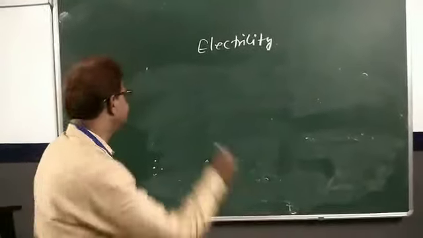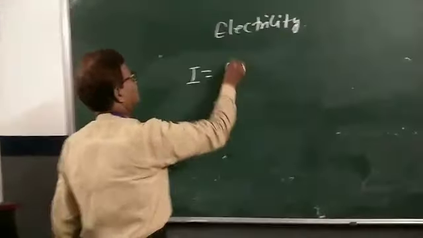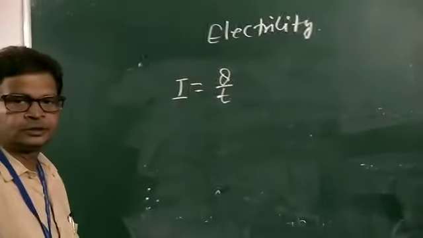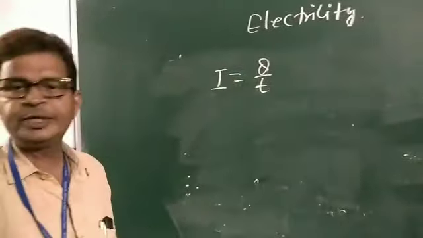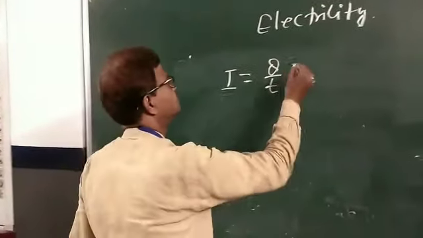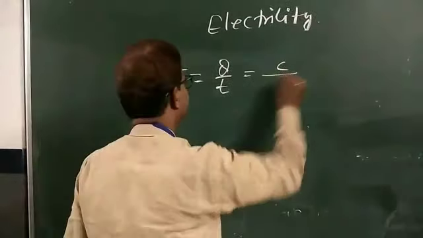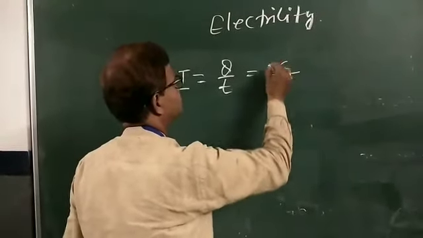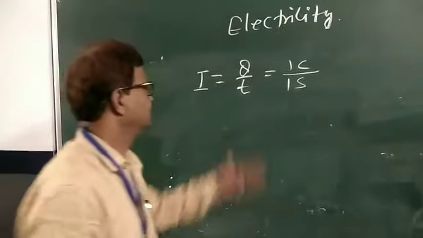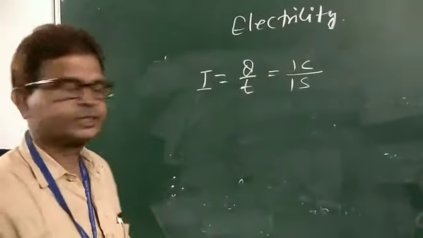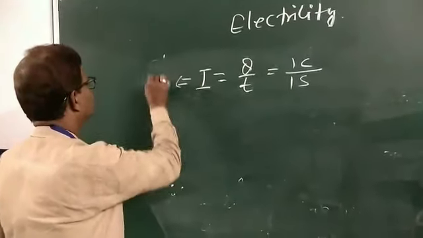This may be represented as I is equal to Q by T. The SI unit of electric charge is Coulomb, whereas the SI unit of time is second. So we may write 1C by 1S, and this will be equal to ampere.